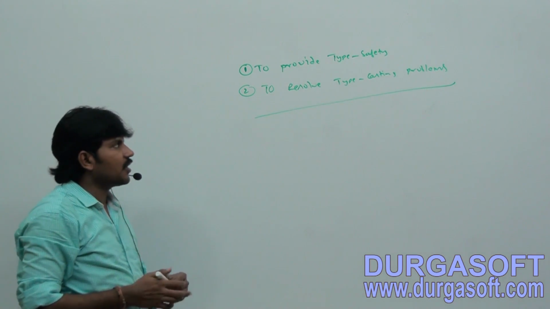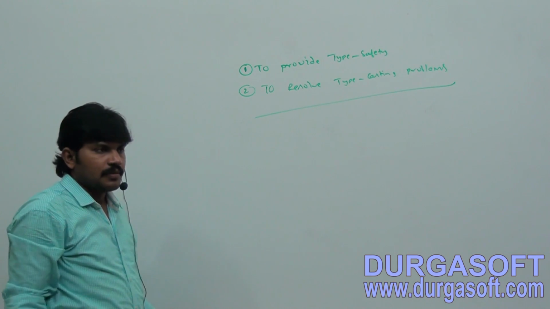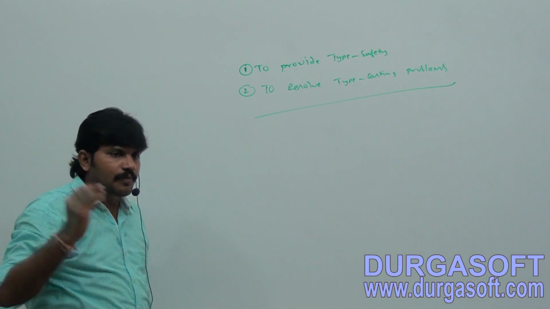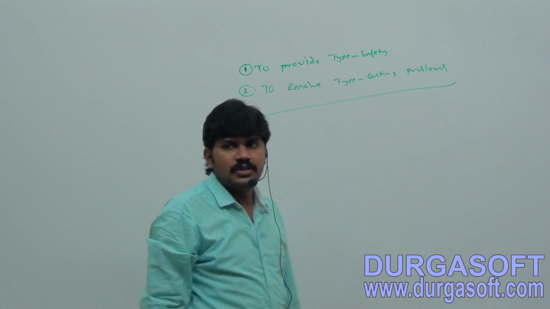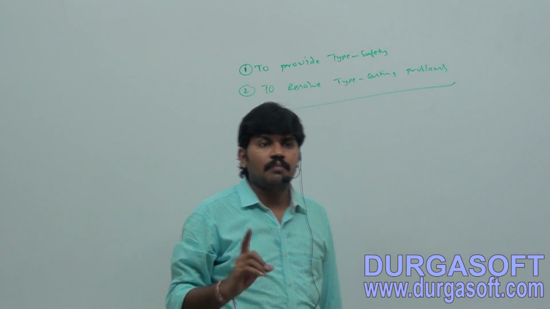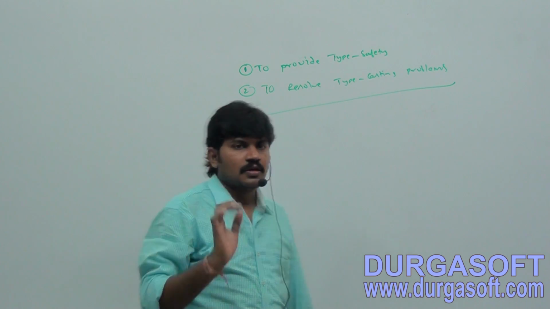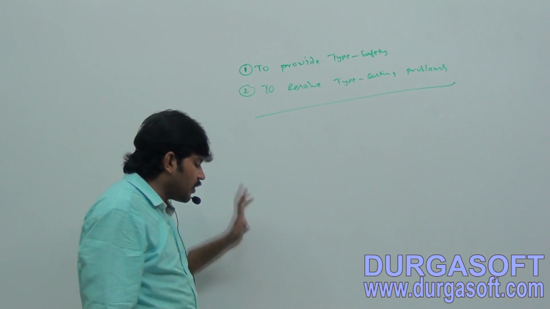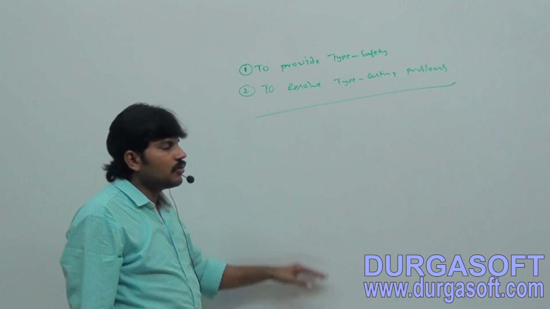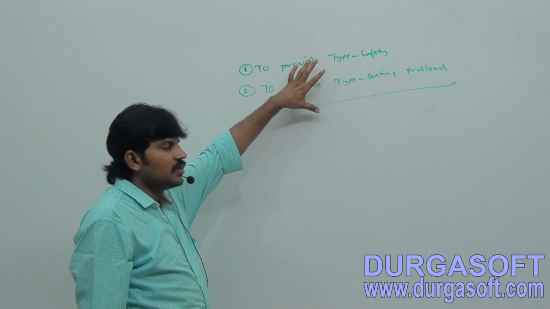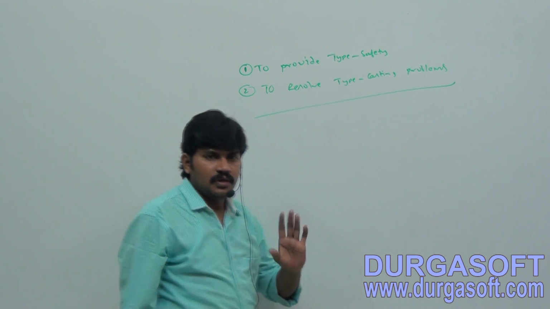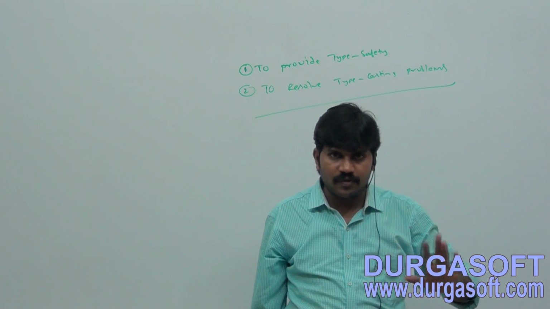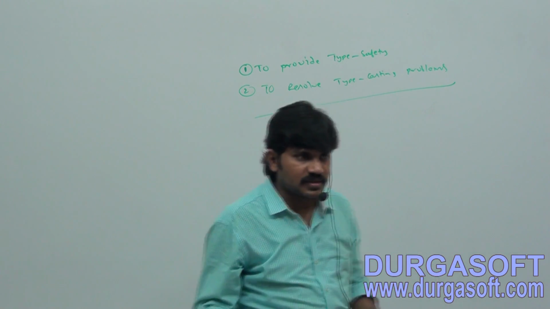The main purpose of generics is to provide type safety: we can hold only a particular type of object, and if by mistake you provide any other, the compiler should not accept it. And to resolve typecasting problems, we are not required to perform typecasting. These are the purposes of the generics concept, right? Is it clear for all of you? What is the need of generics?